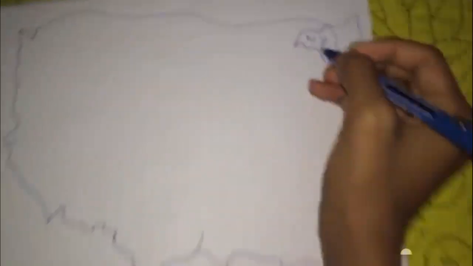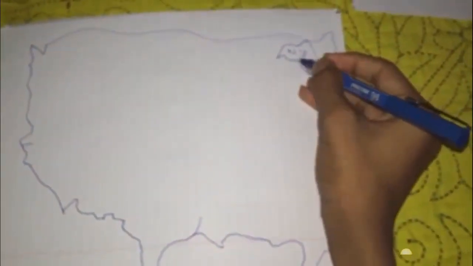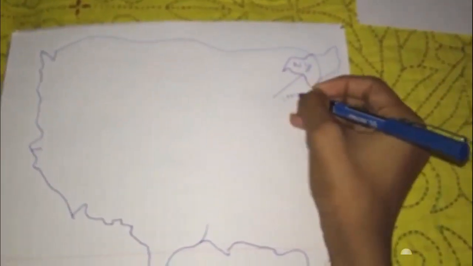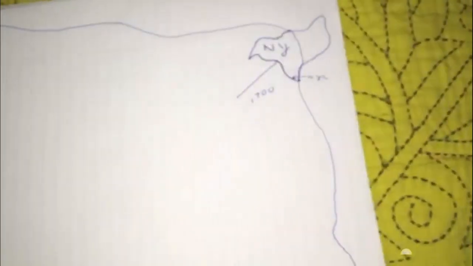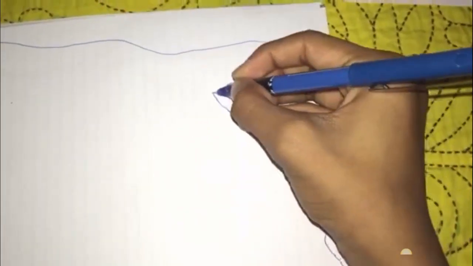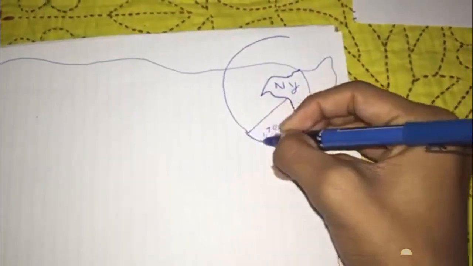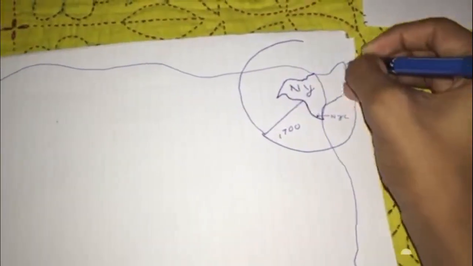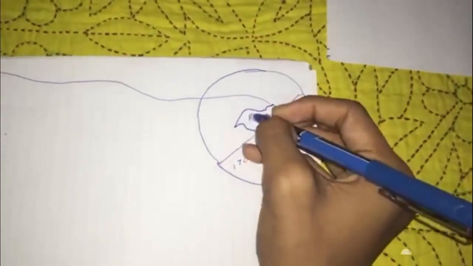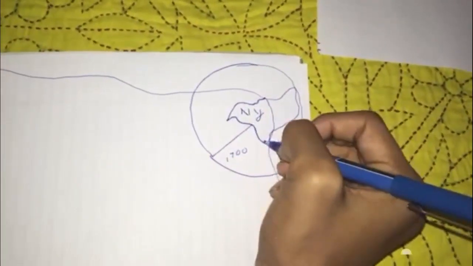So this is New York. We're gonna find whatever distance is. So let's say this is 1700 miles. It probably isn't, but let's just say it is. So the earthquake could have originated anywhere from 1700 miles from New York City.